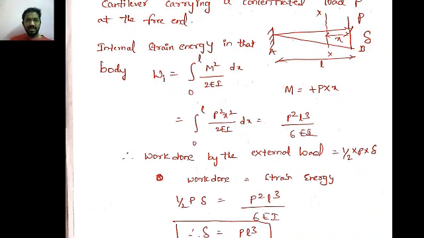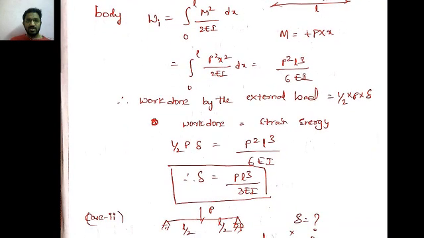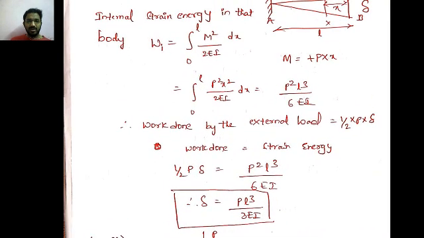Just equate them: external work done is equal to internal strain energy. So half into P into delta equals P square L cube by 6EI. When you separate the delta, finally we got PL cube by 3EI. In strength of materials we get the formula WL cube by 3EI, but here I am taking P as the load acting at the free end. This is case 1.